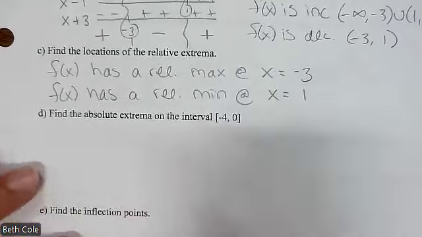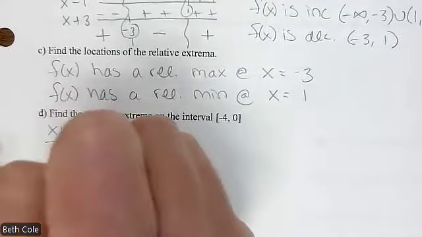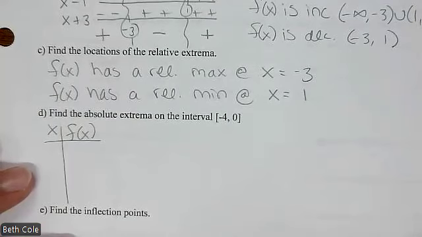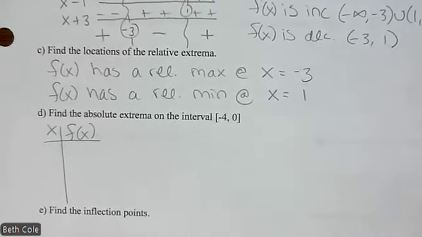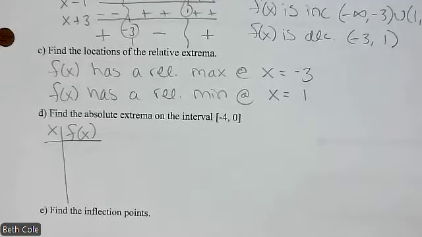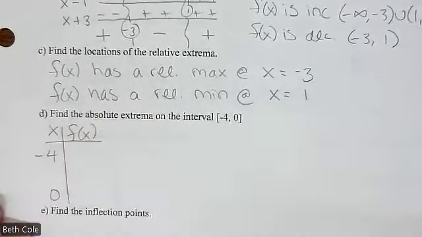All right, absolute extrema. Does anyone remember what this test is called that we're about to do here? All right, yeah, this is your candidates test. Now, who are your candidates? Endpoints, which is -4 and 0.